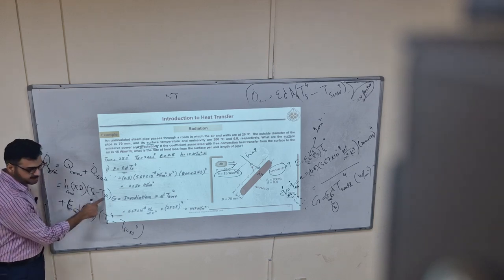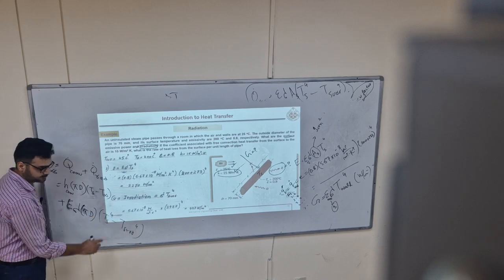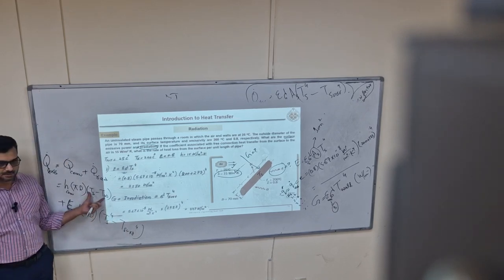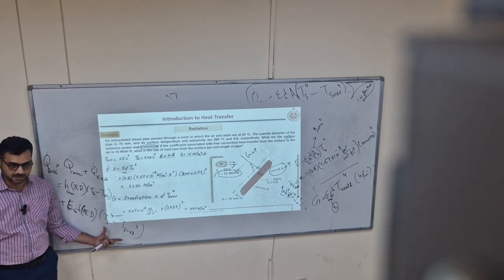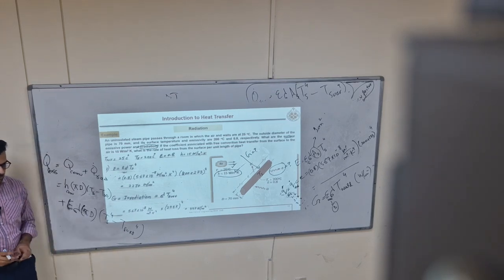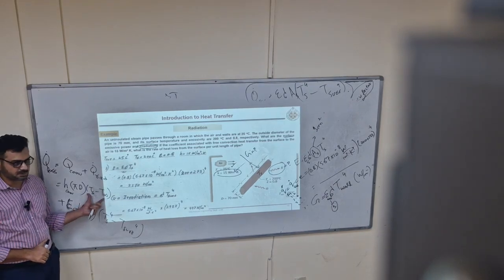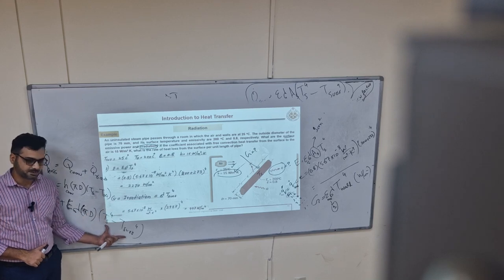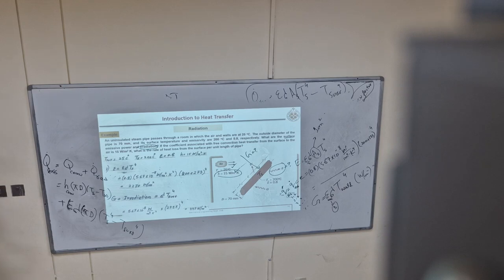Here it is Ts minus T air. Here it is Ts minus T surrounding, to the power 4. You can use Celsius here, but you must not use Celsius there. If this question is in English units, you can use Fahrenheit here, and you must use Rankine there. So from here we can find out heat loss.